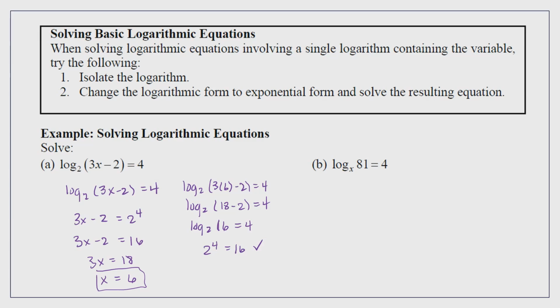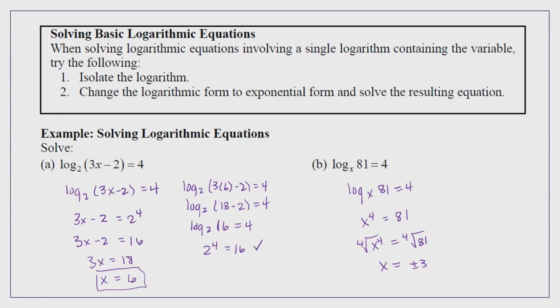B, log base x of 81 equals 4. So we'll start off with our log. We'll rewrite it as an exponential statement. So that's x to the 4th equals 81. Okay. So to solve for x, we'll take the 4th root of both sides. Okay. So x equals plus or minus 3.